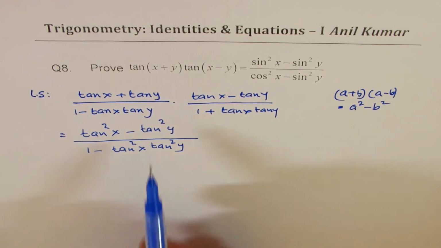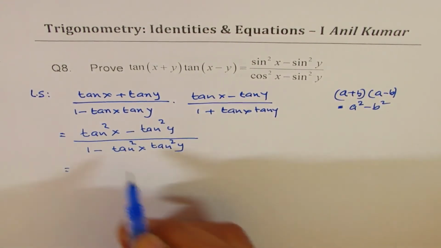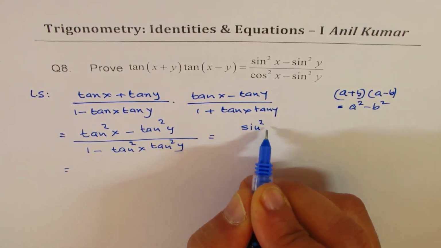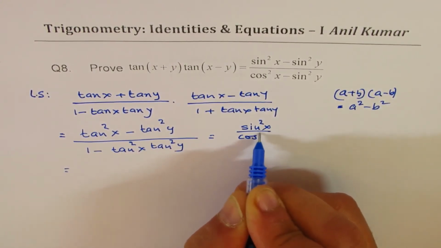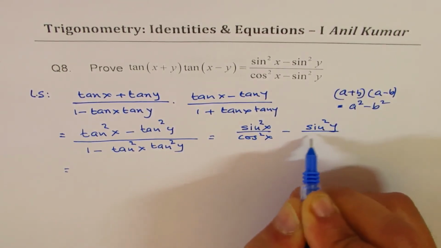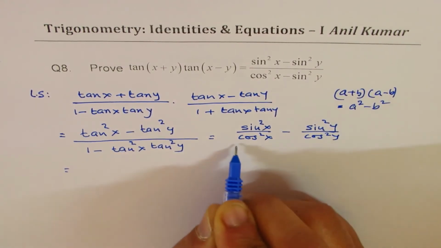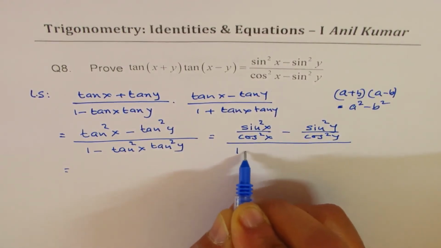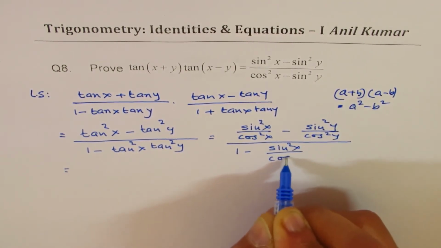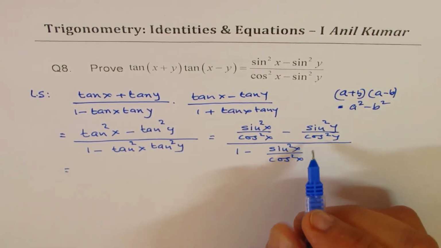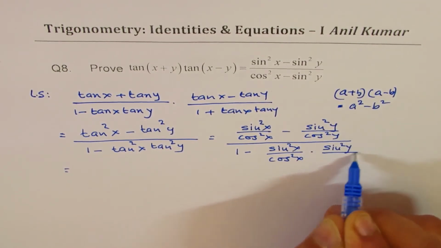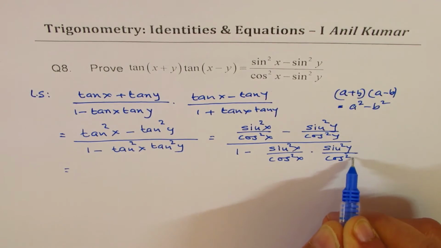So we'll just write tan as sin over cos. So we get (sin²x/cos²x - sin²y/cos²y) over (1 - sin²x/cos²x times sin²y/cos²y).